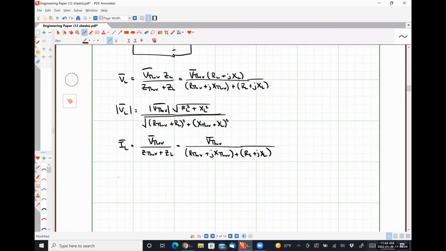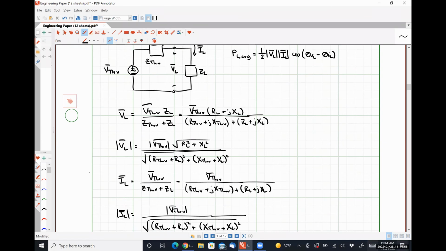And I can take the magnitude of this and find that I get the magnitude of V Thevenin divided by the square root of (R Thevenin plus RL) quantity squared plus (X Thevenin plus XL) quantity squared.